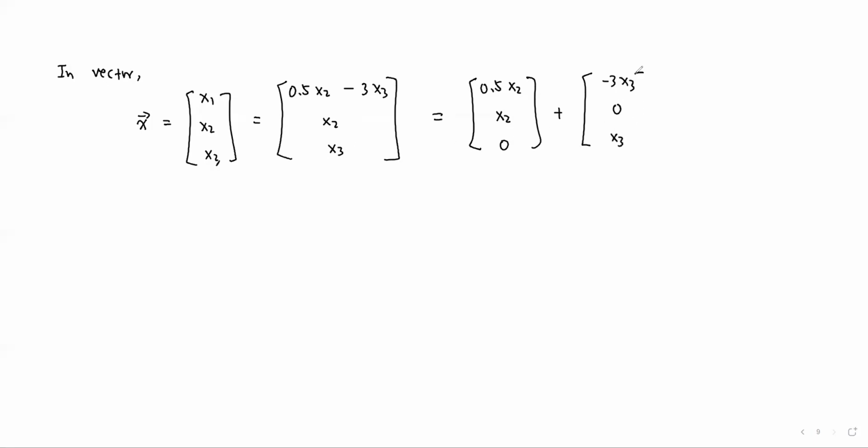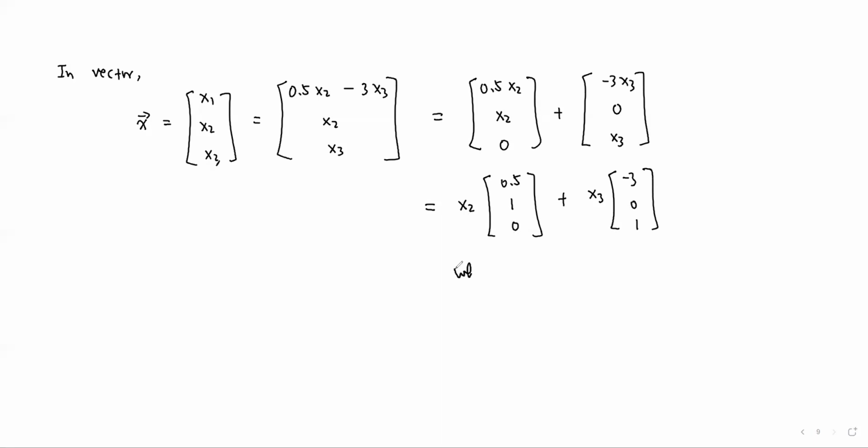Therefore, take out x2: 0.5, 1, 0. Take out x3: negative 3, 0, 1.